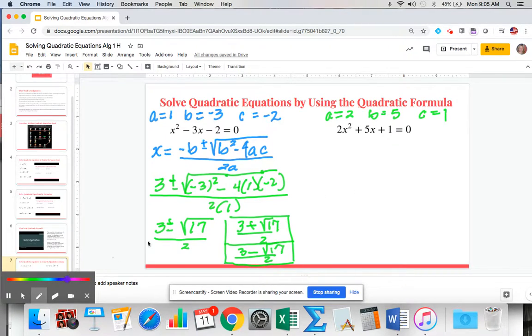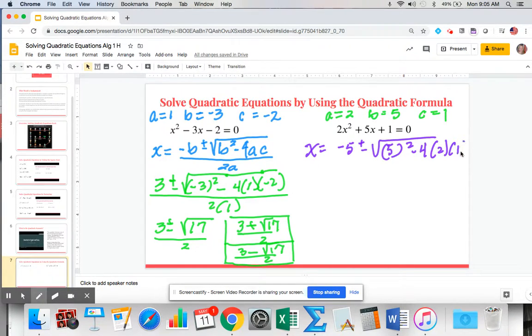So we're going to substitute into the quadratic formula: the opposite of b, plus or minus the square root of b squared, minus 4 times 2 times 1, all over 2 times 2 this time, because it's 2a. Now we're going to simplify inside the radical. We'll do some mental math here. That's 25 minus 8. 25 minus 8 is 17, which is not a perfect square.